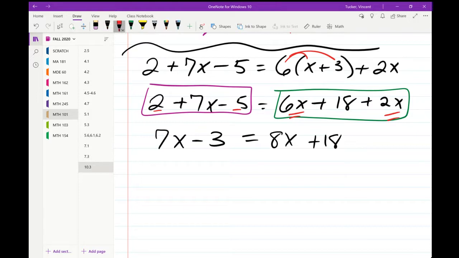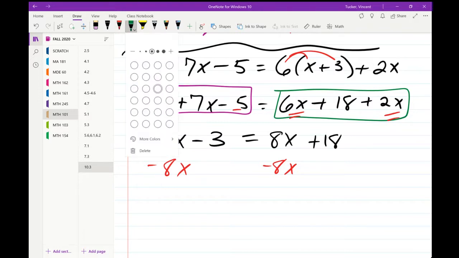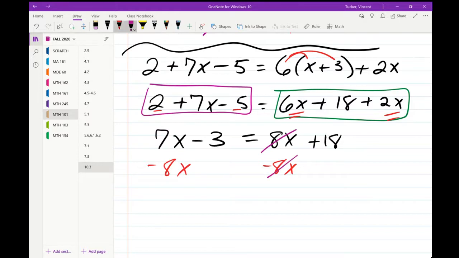All right. So now I want to get all of these terms to one side, all of my terms without x to the other. So if I subtract 8x from both sides of the equation, they cancel on the right. On the left, I have negative x minus 3 equal to 18.